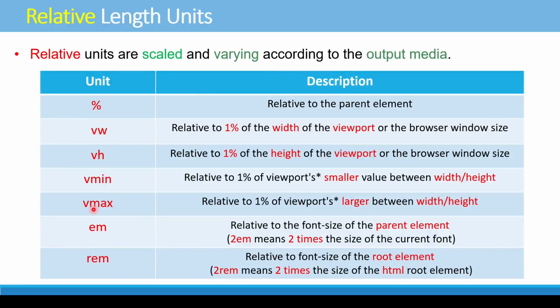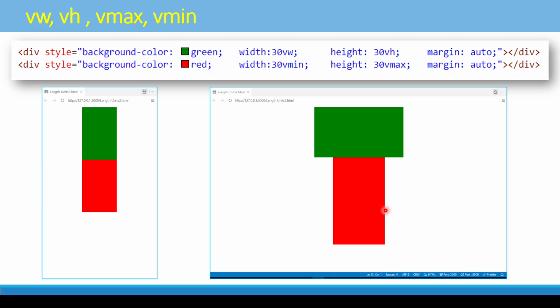View minimum and view maximum are also relative to the viewport. View minimum takes the smaller value between the width and height, while view maximum takes the larger value between the width and the height. Here, I make two divisions. The first one, I set the width with view width and the height with view height. The second, the width with view minimum and the height with view maximum.